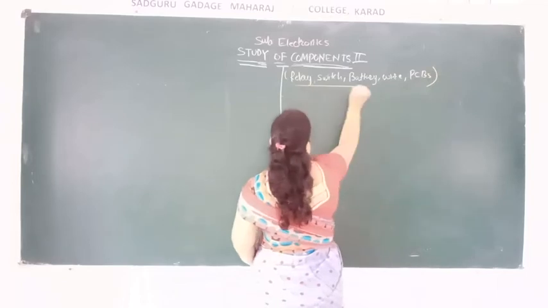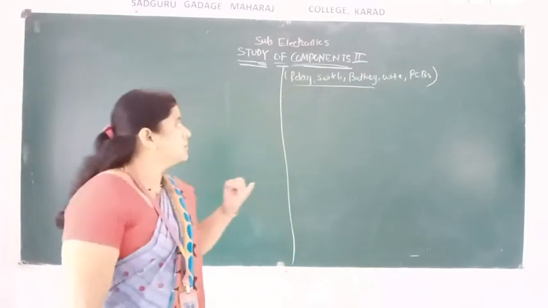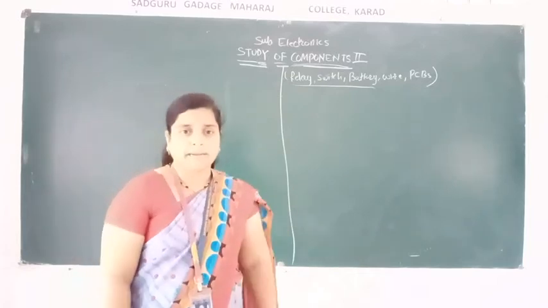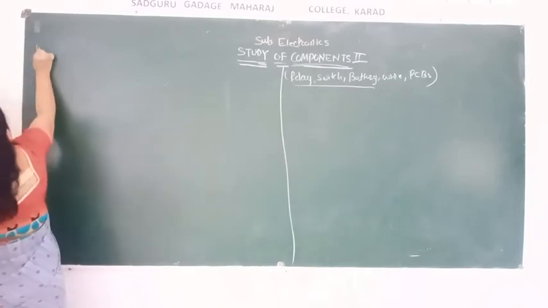So from that we have completed 3 points, that is relay, switch and battery. Today we are going to see wire.